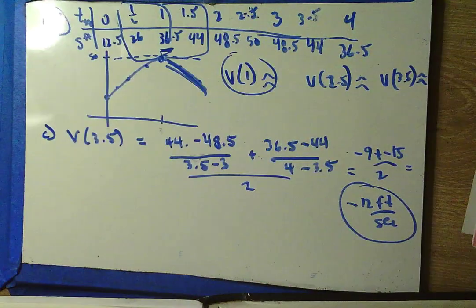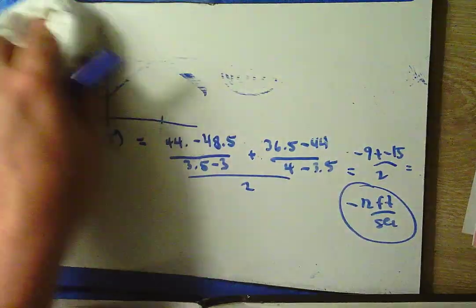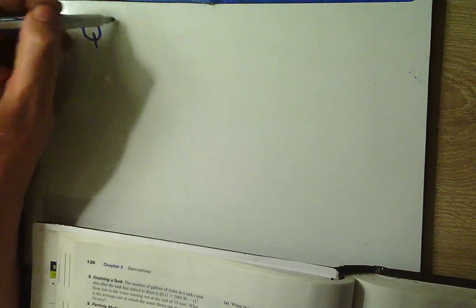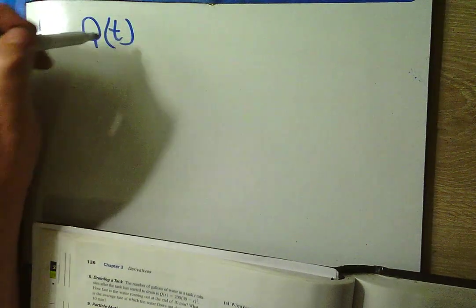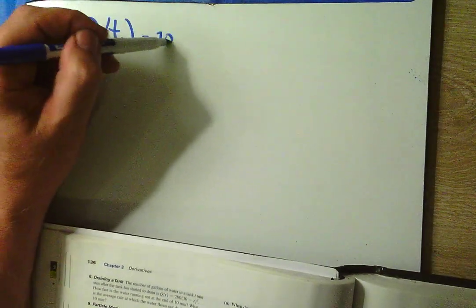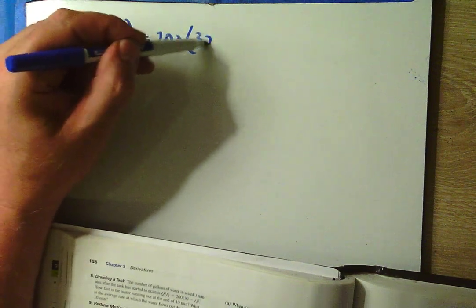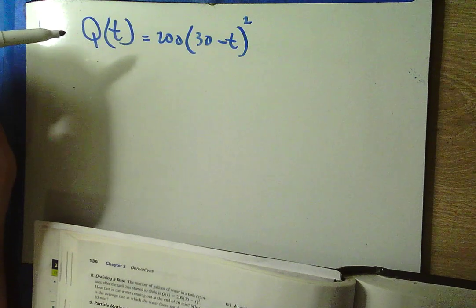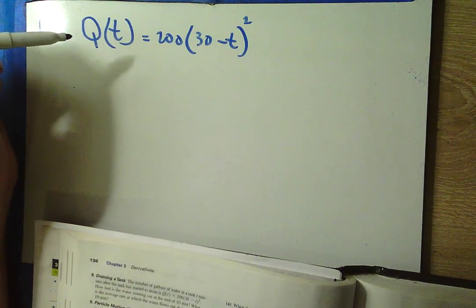What's next? 8? 8. Okay. 8 says draining a tank. Draining a tank is a very common AP thing. Q of T, quantity as a function of time, 30 minus T squared times 100.